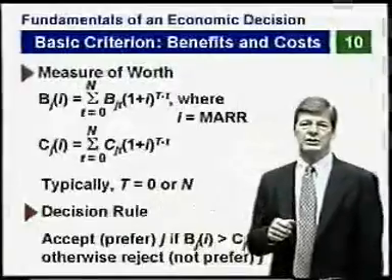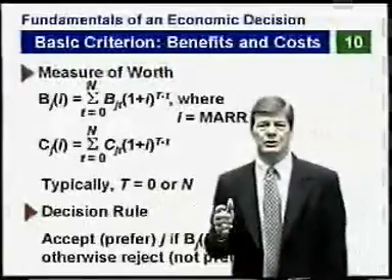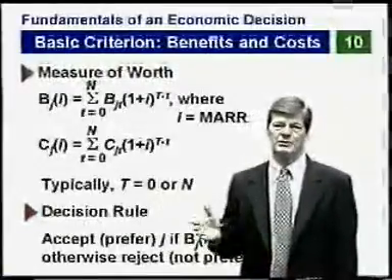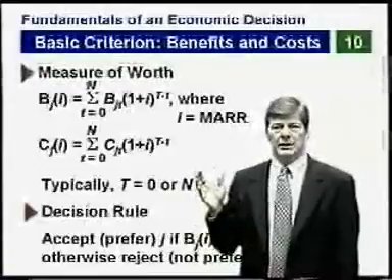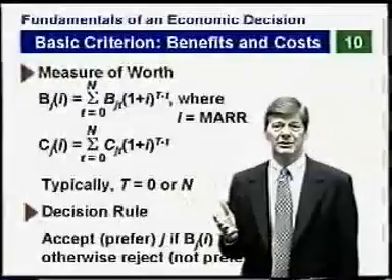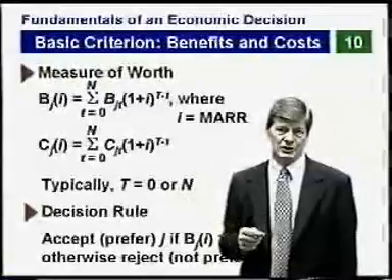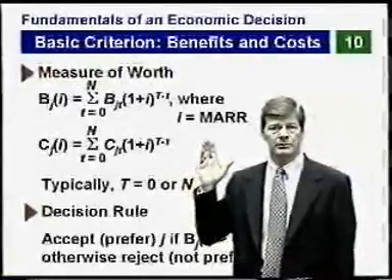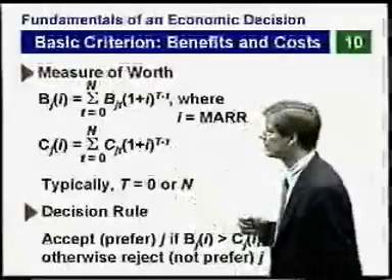Let's develop a basic decision criterion. It's called prospective benefit and prospective cost. I said that an economic decision criterion is comprised of two quantities, a measure of worth and a decision rule. So let's represent the measure of worth this way.